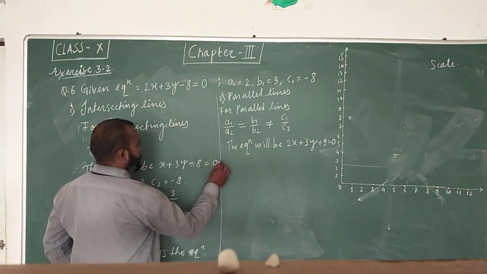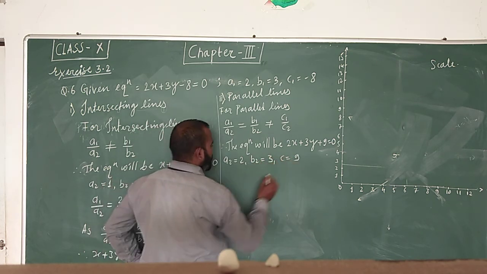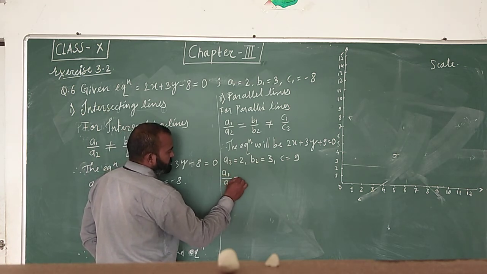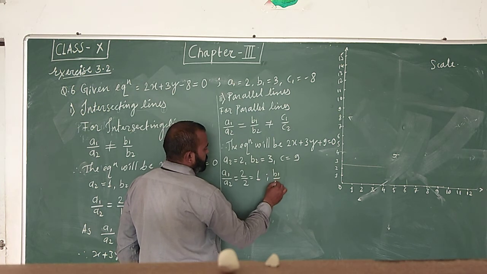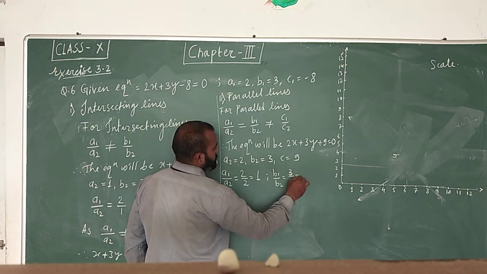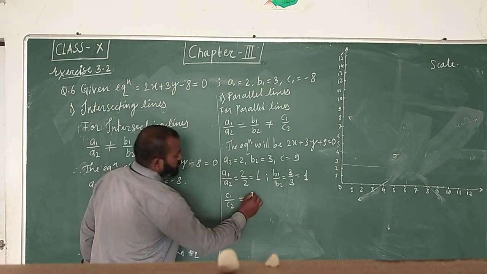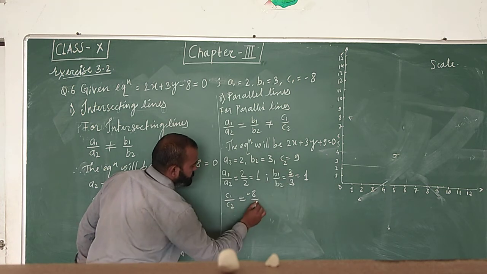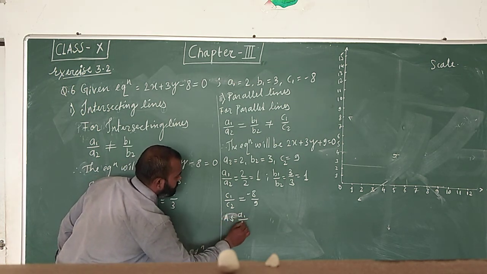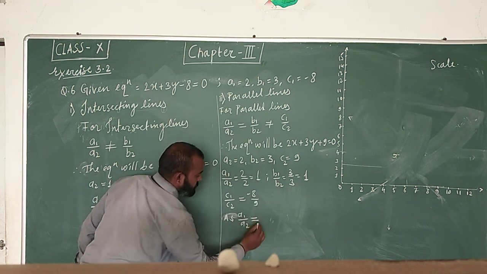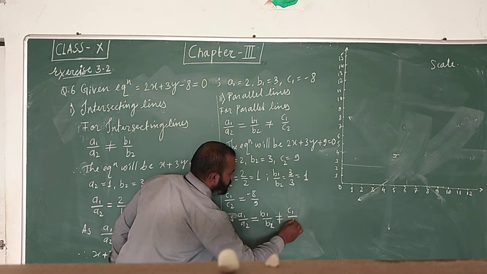Okay, so here a2 is 2, b2 is 3 and c2 is 9. Therefore a1 upon a2 is equal to b1 upon b2 but not equal to c1 upon c2.